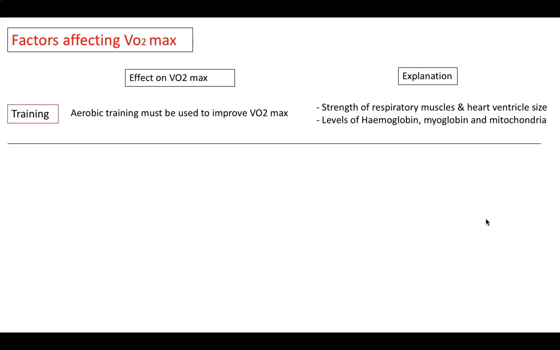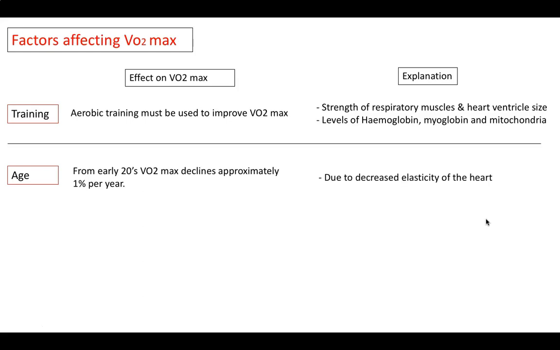So we also need to be aware of age being a factor that affects VO2 max. From early 20s, VO2 max declines approximately 1% per year. The explanation behind this is a decreased elasticity of the heart.